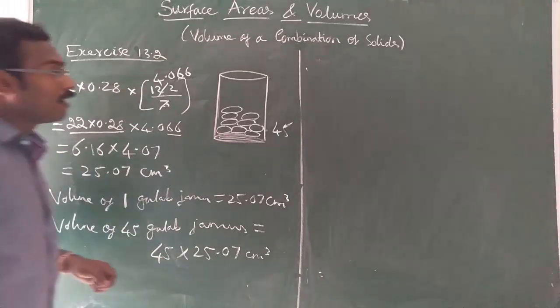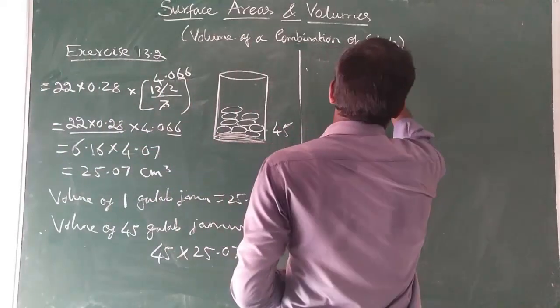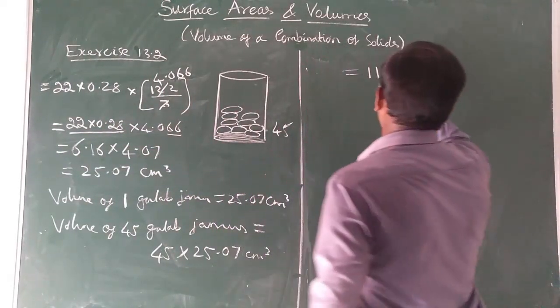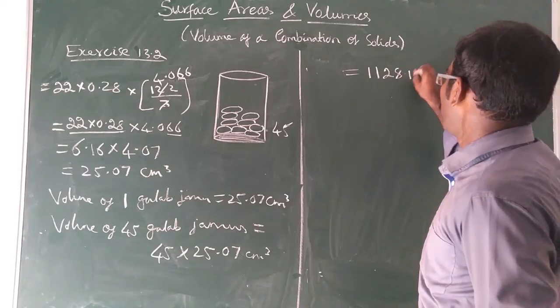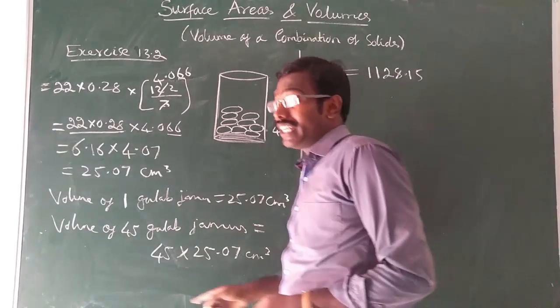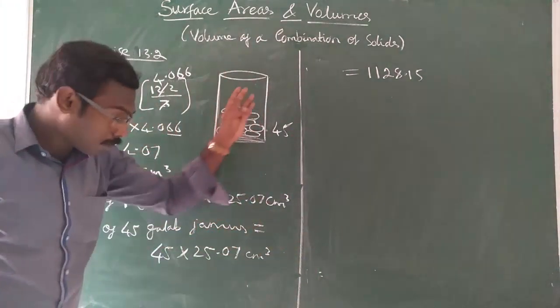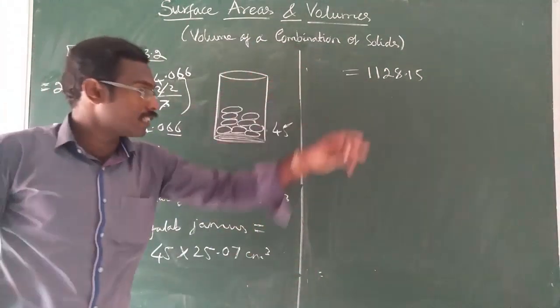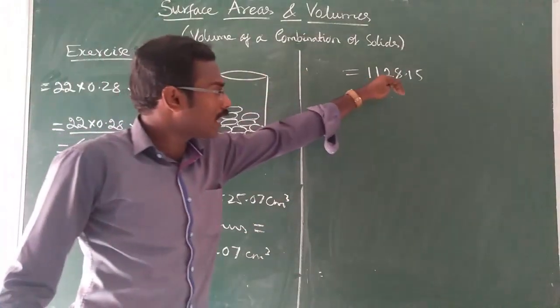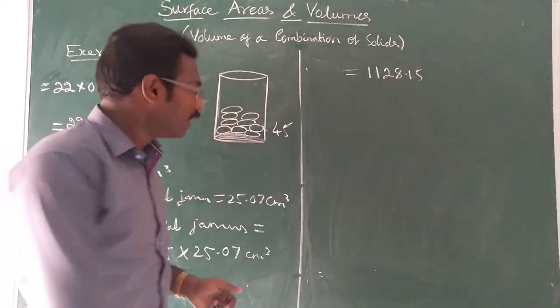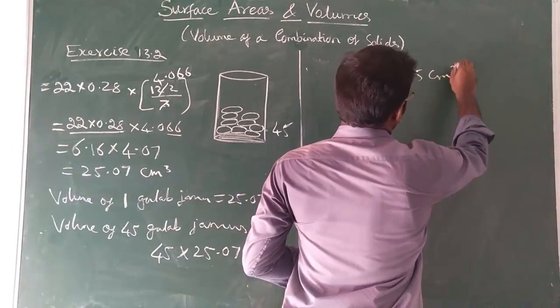If you multiply, you will get the answer equal to 1128.15. I already multiplied this, so I am writing the answer directly. You please multiply on the rough side and get the answer 1128.15 centimeter cube. Understood?